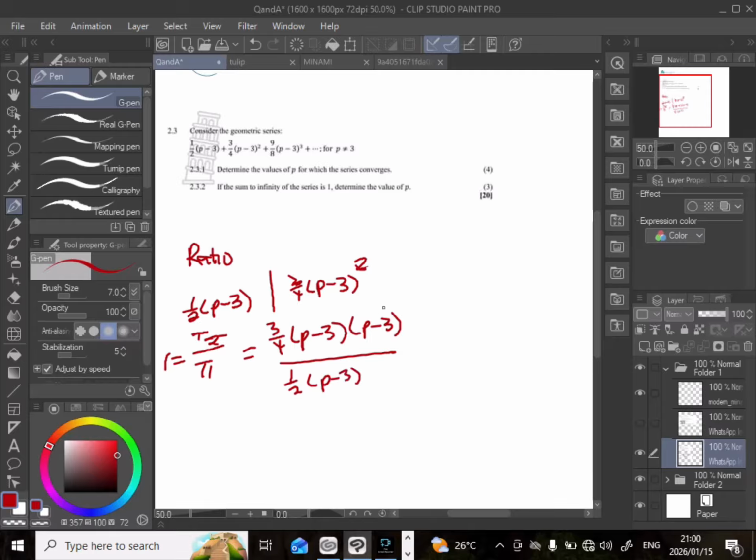The reason I'm expanding it is because this one will cancel out this one. Then 3 over 4 divided by half. Let's use the calculator and check.